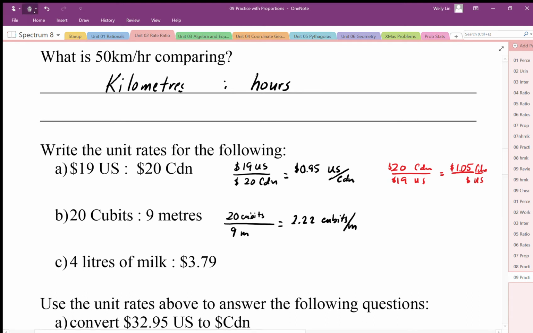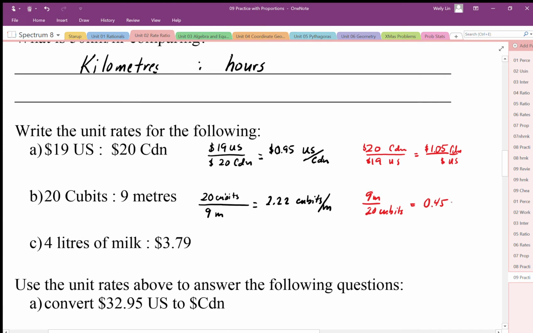And then we can write the reciprocal form. Okay, the reciprocal form is going to be 9 meters compared to 20 cubits. And we get 0.45 meters for 1 cubit. Okay, so a cubit would be a shorter length. 1 cubit is a shorter length than 1 meter.